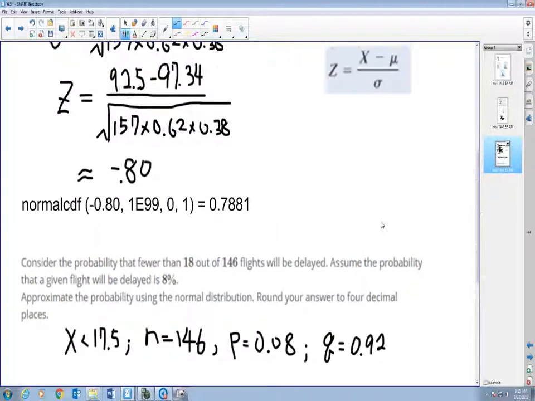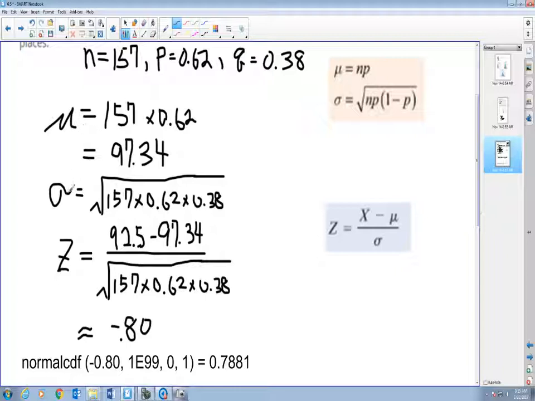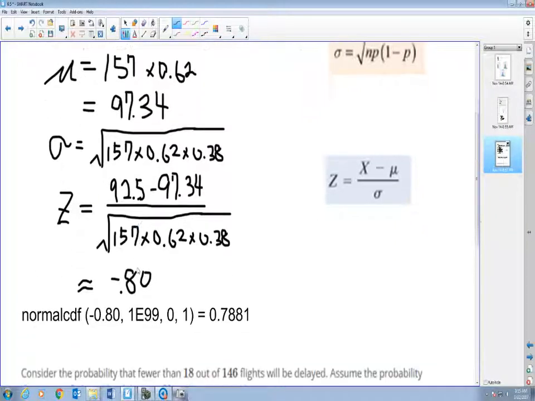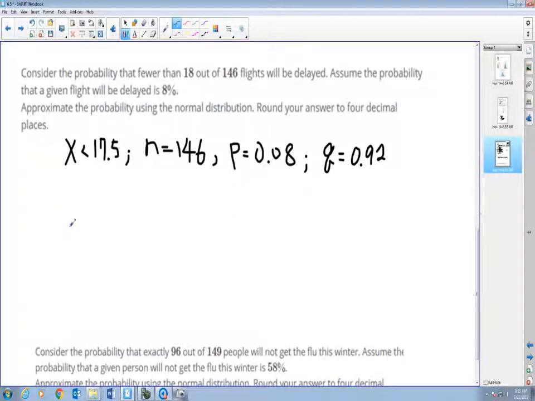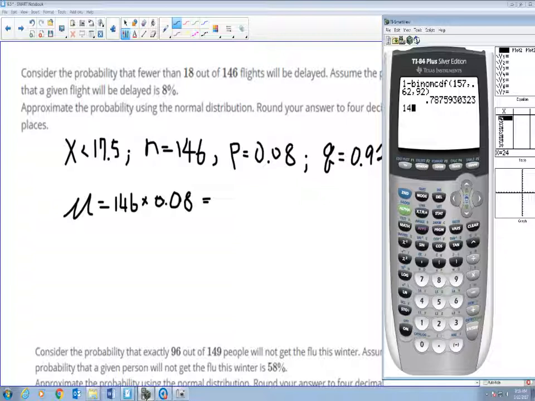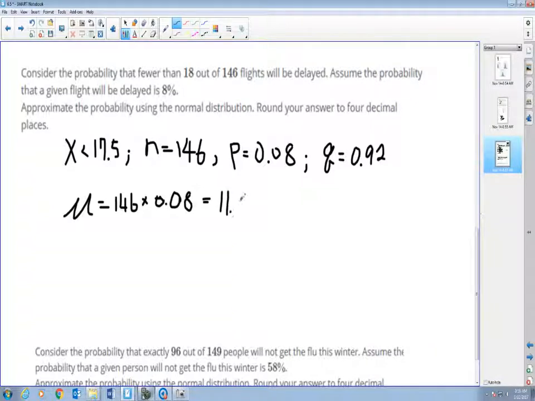Alright, so again, just like the previous problem, I've got to find my mean and standard deviation before I can put it into the z-score. So my mean is n times p, 146 times 0.08. So the average delay out of the 146 flights is about 11.68.